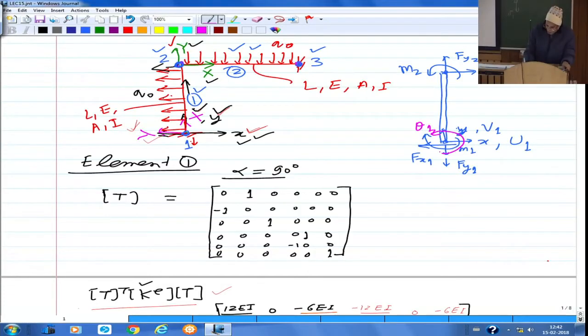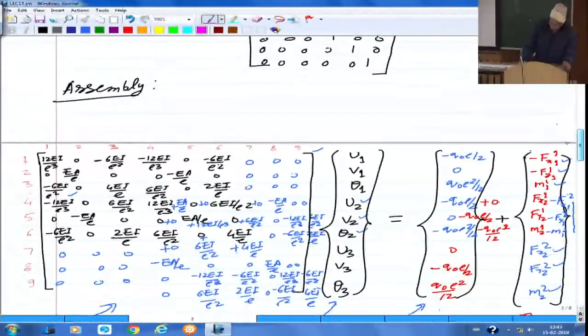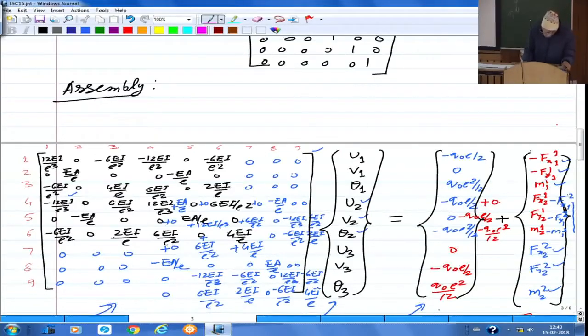Same way here, u2 is in this direction, v2 is in this direction, and theta 2 is in this direction. So in the load vector on the right hand side, because this force Fx1 is in the negative direction of u1, this force is along negative direction of v1, and this moment is along negative direction of theta 1, they come as minus: minus Fx1, minus Fy1, and this is also minus here.